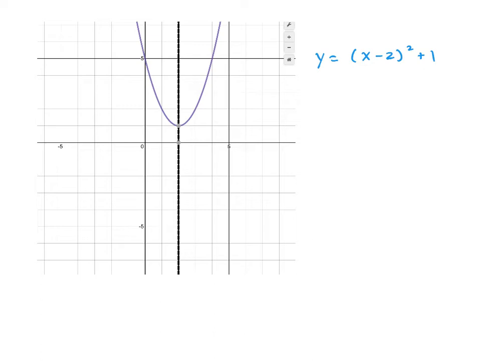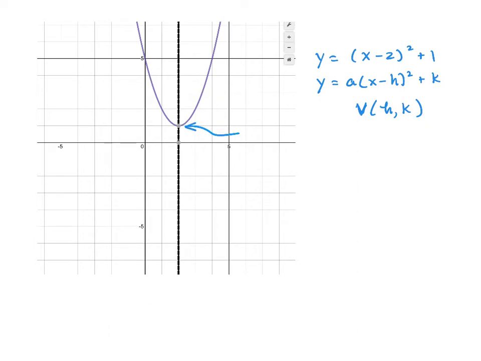And we learned yesterday, and the day before, that this is in vertex form. And our vertex is always going to be located at (h, k). And so our vertex is right there.